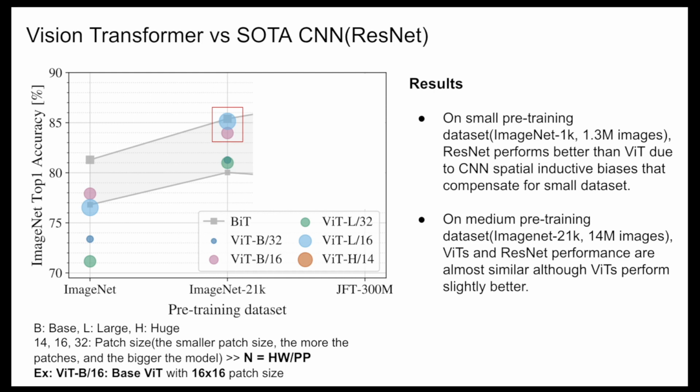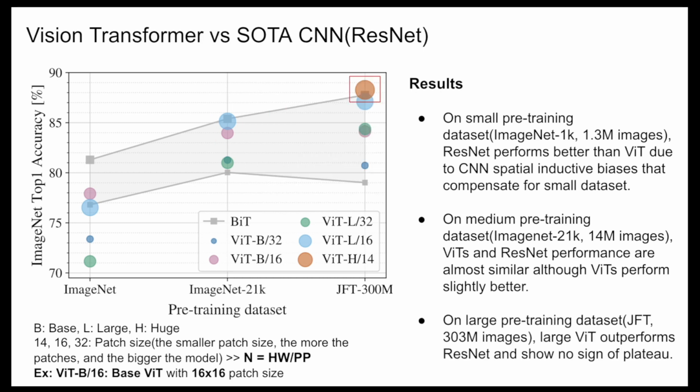On medium pre-training datasets, like ImageNet 21K, ViT and ResNet performance are almost similar, although ViT performs slightly better. And on large pre-training datasets like JFT, large ViT outperforms ResNet and shows no sign of plateau. So you can basically keep training it.